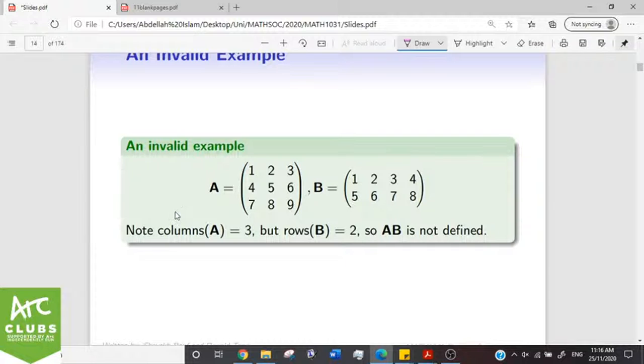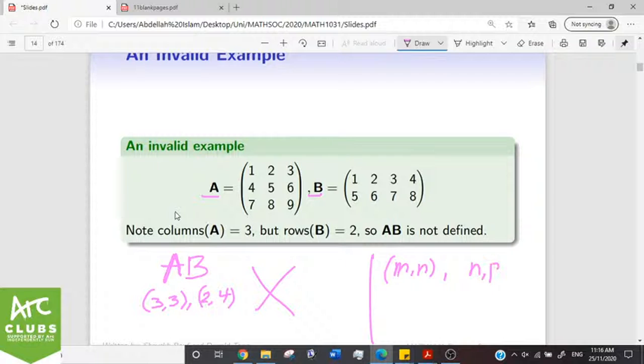Here's an example to show when matrix multiplication doesn't work. So we have a matrix A here and a matrix B here, and we want to find AB. Well, the thing is, A has size 3 by 3, and B has size 2 by 4. And we can't multiply these, so this is invalid. The reason is that matrix multiplication is only defined if the first matrix has size m by n and the second matrix has size n by p.